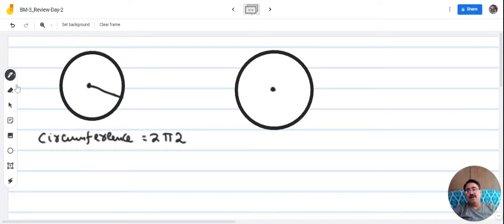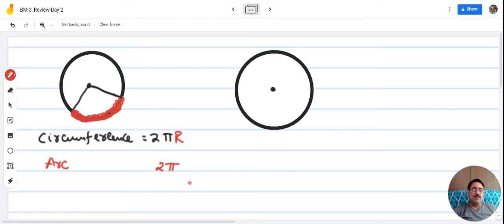But assume that you are taking a part of the circumference, which is called an arc. So length of arc equals a fraction of 2 pi r. If you are taking an arc, it is a portion or a part of a circle.